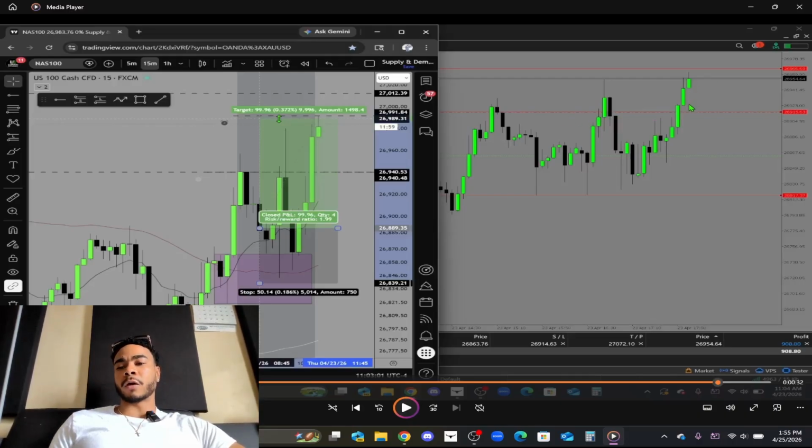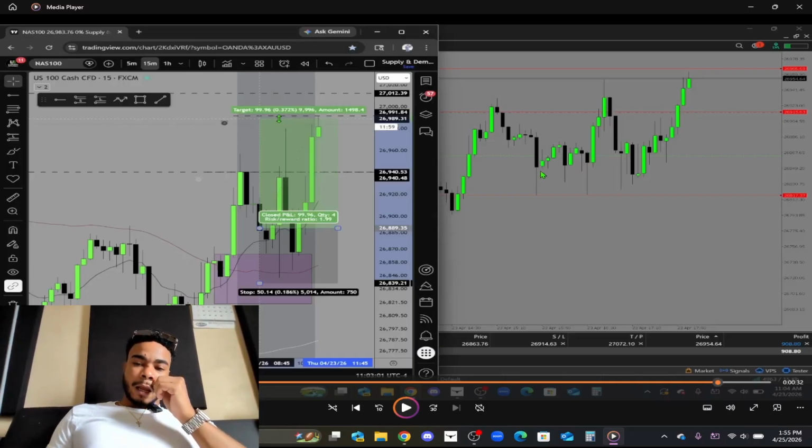If price comes down and hits my stop loss, I get out with the same amount that I was risking, which is good because that will be a profit. We're also floating 900 in profit. Right now I'm just waiting to see if price is gonna hit my take profit 2, or if it starts coming down, I'm gonna close out before it hits my stop loss at 1-to-1, so I can secure most of it.